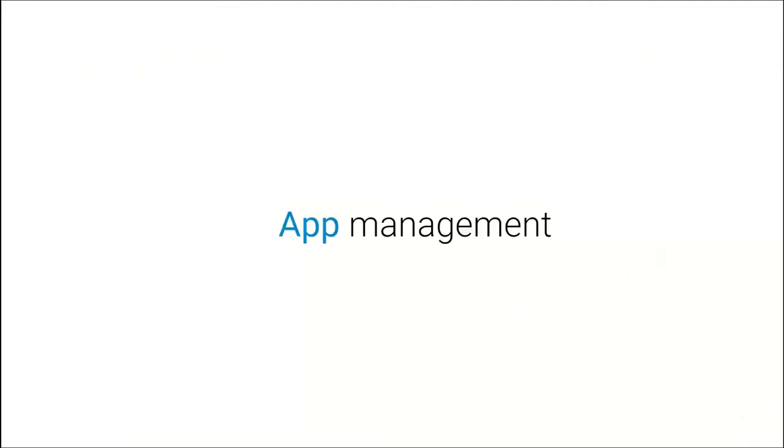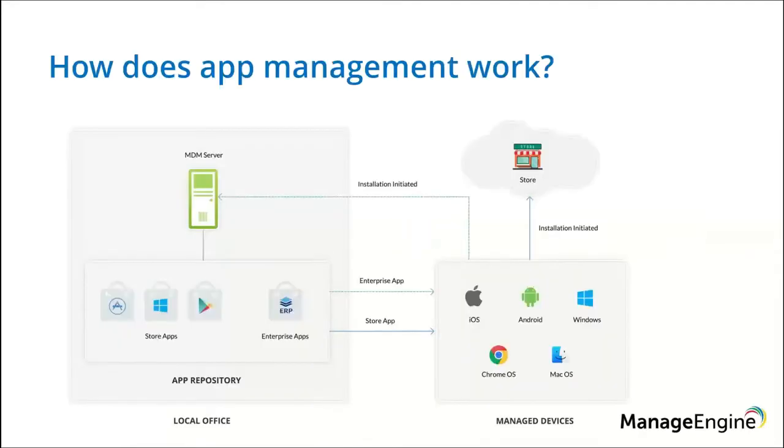So we'll move on to the first topic for the day, which is application lifecycle management. So here is how the application management works. Before deploying any application to the devices via MDM, you need to build something called an app repository under the MDM server, which can contain both store applications and enterprise applications.